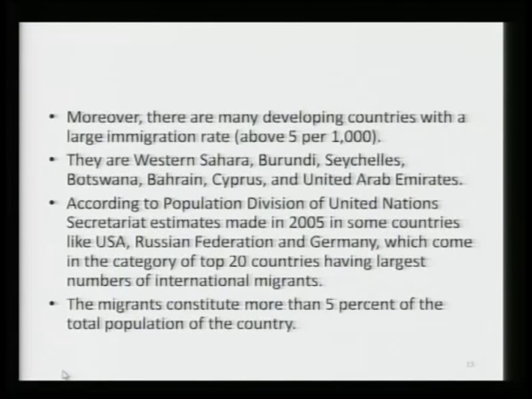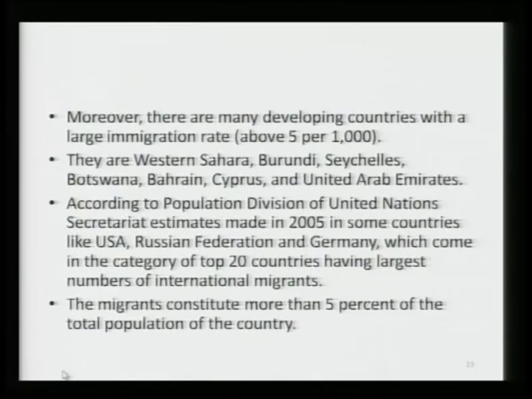Moreover, there are many developing countries with a large immigration rate above 5 per 1000. They are Western Sahara, Burundi, Seychelles, Botswana, Bahrain, Cyprus and United Arab Emirates.